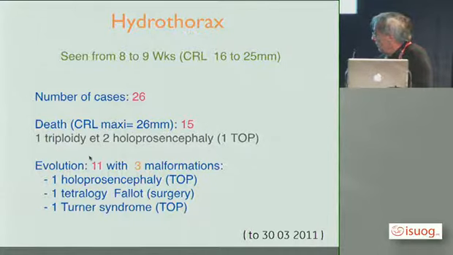And normal evolution in 11, but among these we had 3 malformations: 1 holoprosencephaly, 1 Fallot, and 1 Turner syndrome. That means if you have a hydrothorax in the early stage, the prognosis is not good. More than 60% will die or have a malformation.